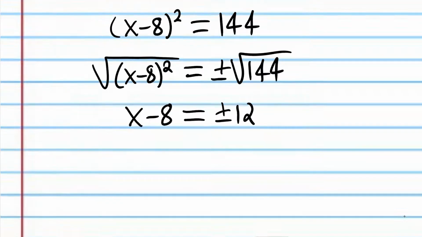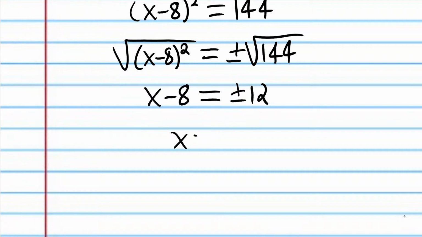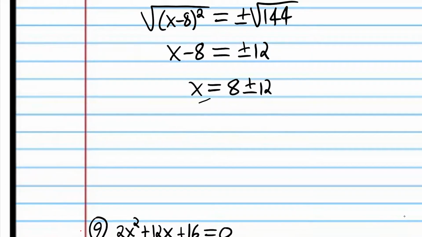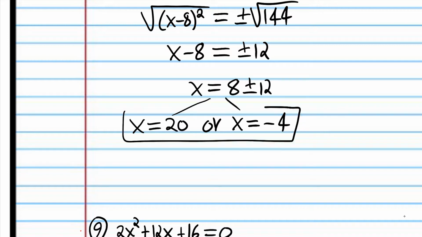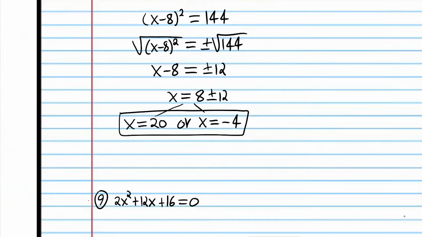Sorry for giving you that big number there. All right, so we're now going to add 8 on both sides, and we get 8 plus or minus 12. And then we have x is equal to 8 plus 12, which is 20, or x is equal to 8 minus 12, which is negative 4. So if you got those solutions, good job.